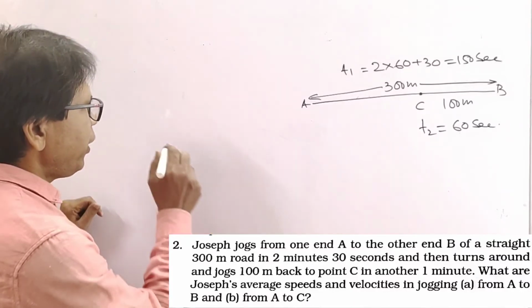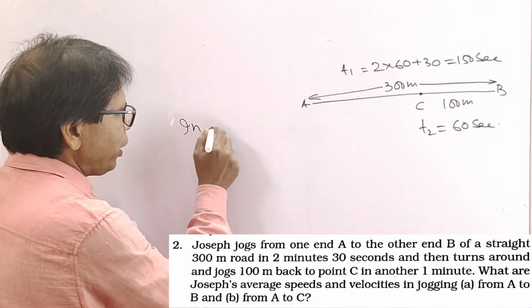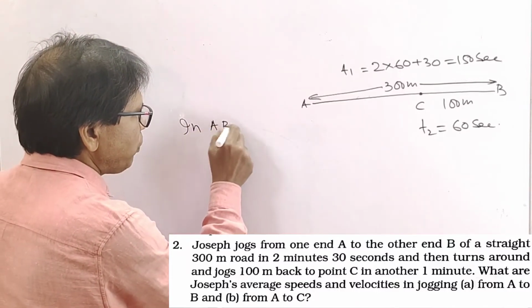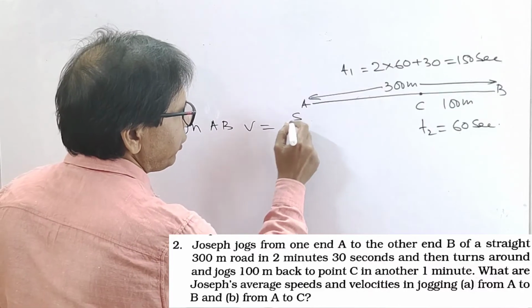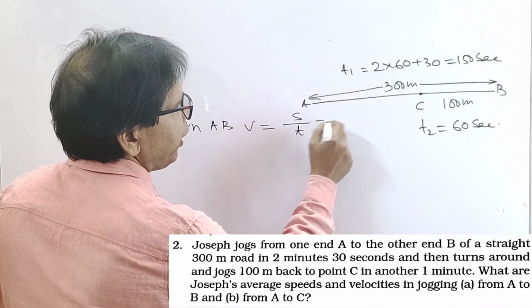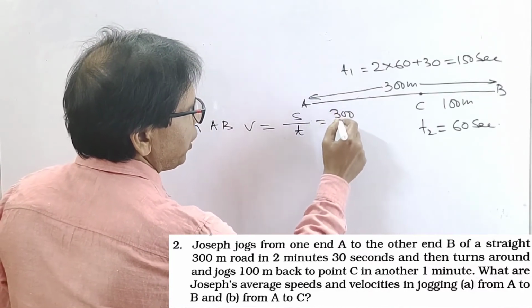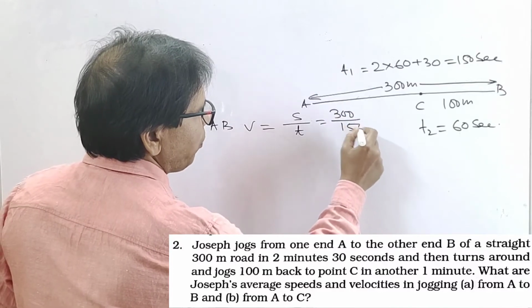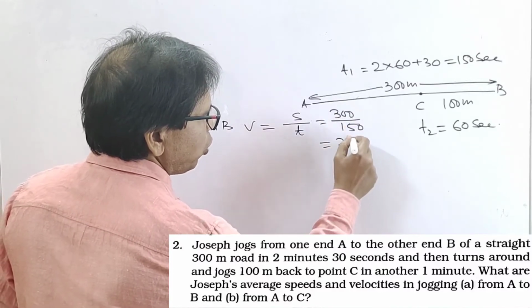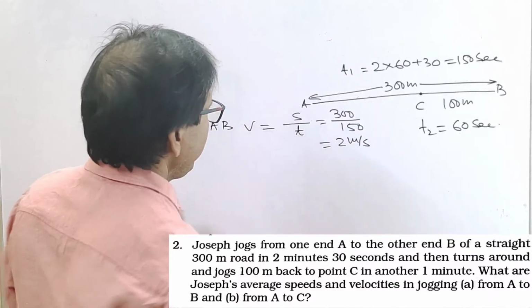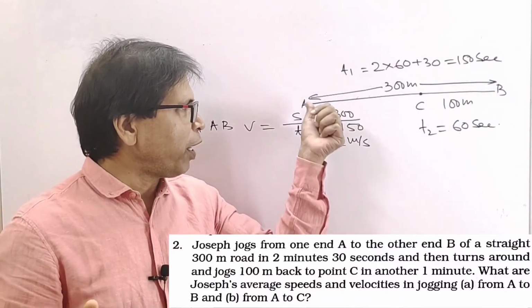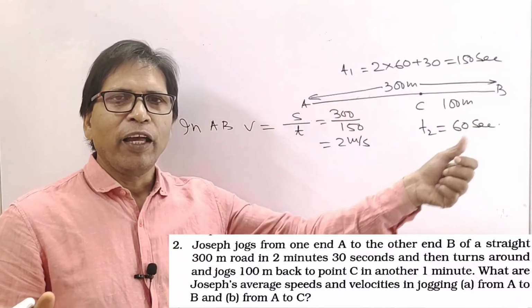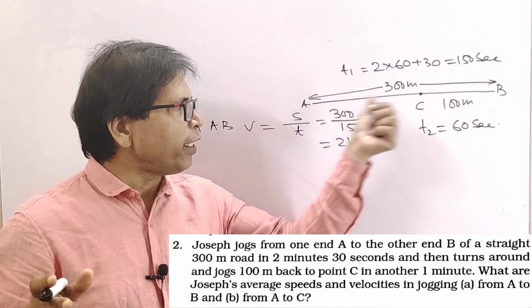So in AB, the magnitude of velocity or speed is equal to total distance S divided by time taken. S is 300 meters and time is 150 seconds. So this is 2 meters per second, the magnitude of velocity or speed between the path A and B.